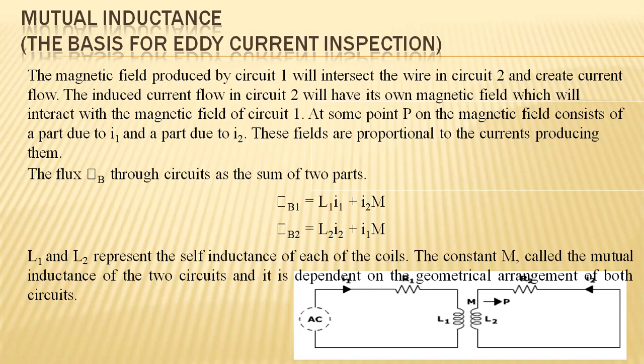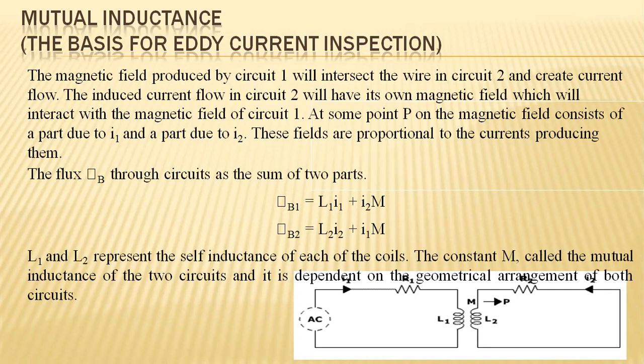And these two fields are proportional to the currents producing them, and generate flux in two different orientations, that is of part 1 and part 2.